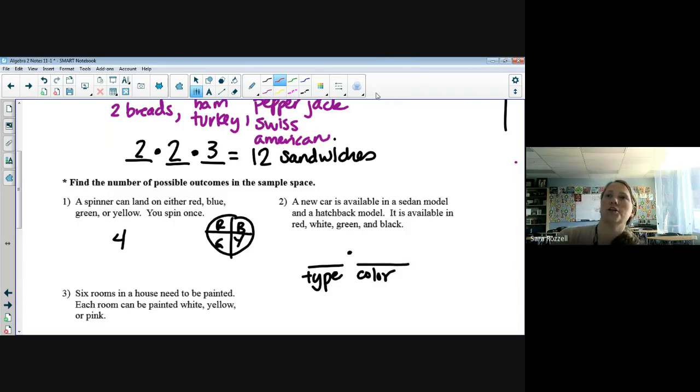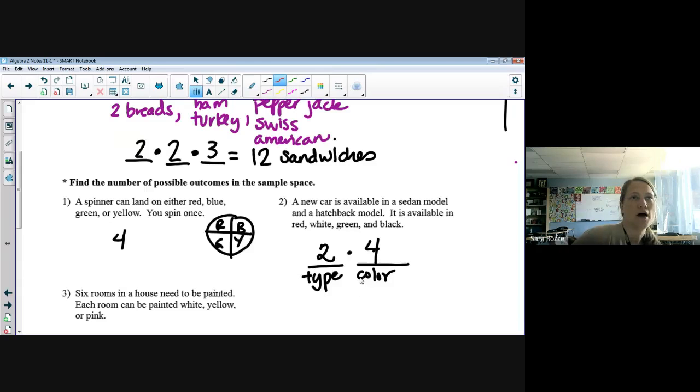How many types of cars do we have in this situation? There's 2, a sedan and a hatchback. Sedan is just your 4-door car. Hatchback is normally 2-door with like a trunk, right? And it's available in red, white, green, and black. How many colors? 4.